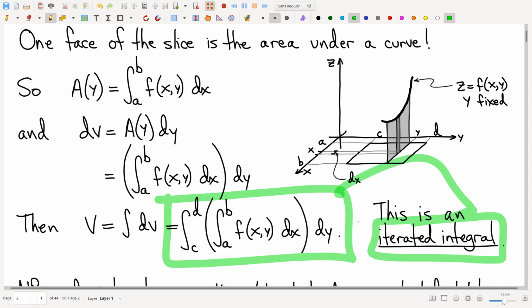So I put in about 20 years on trying to change the terminology by trying to popularize what I think is a better term, nested integrals. It's an integral inside of another integral. I think that is more honest, but I have not made a dent in the norm. So iterated integral is the term. You're going to probably hear me say nested integral here and there. That's an old habit.